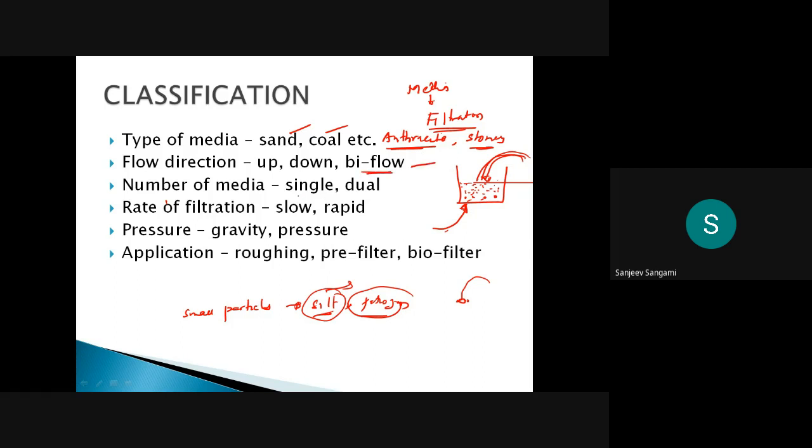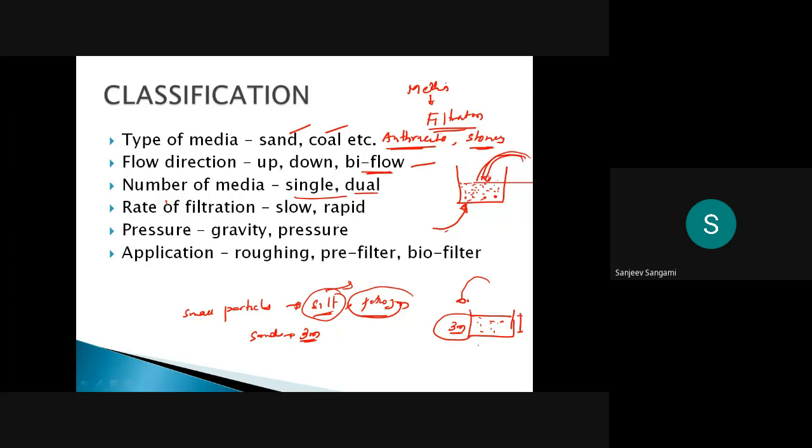The number of media, sometimes they will use single or dual media. Single and dual media means, for example, if the depth of the filtration is 3 meters, and you are using the same media like sand for all 3 meters, then it will be a single media.